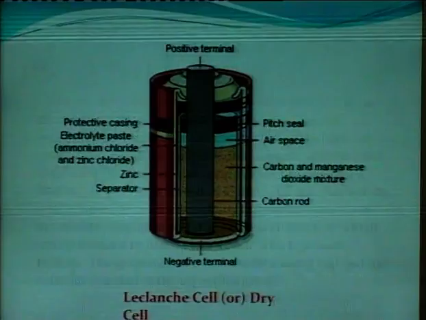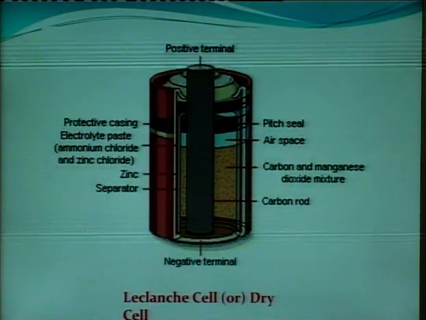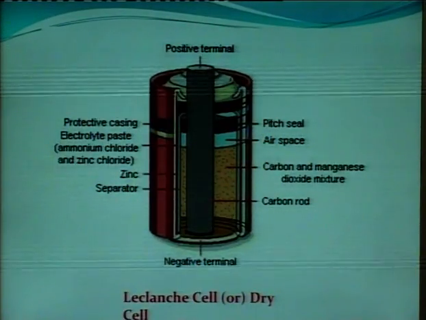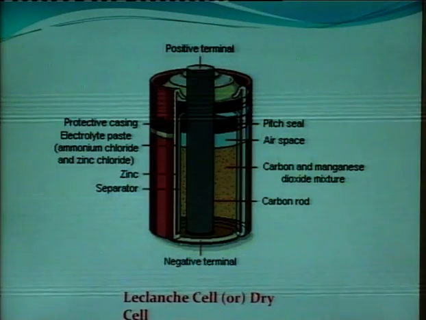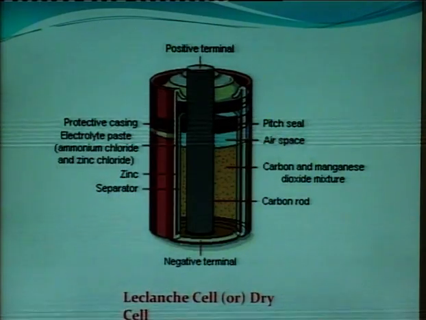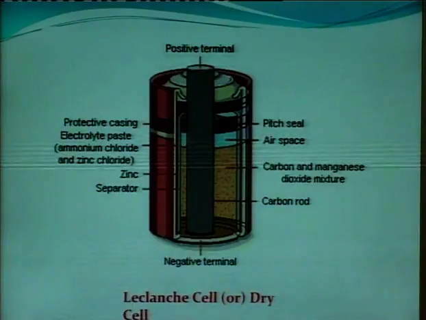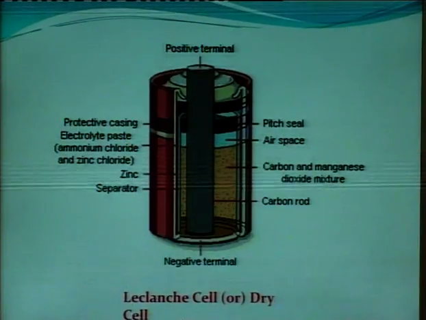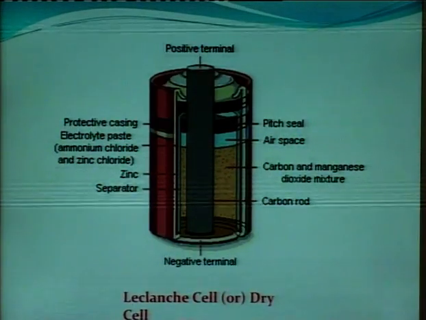The next slide shows the transistor cells, which are examples of the primary cells used in today's transistors.